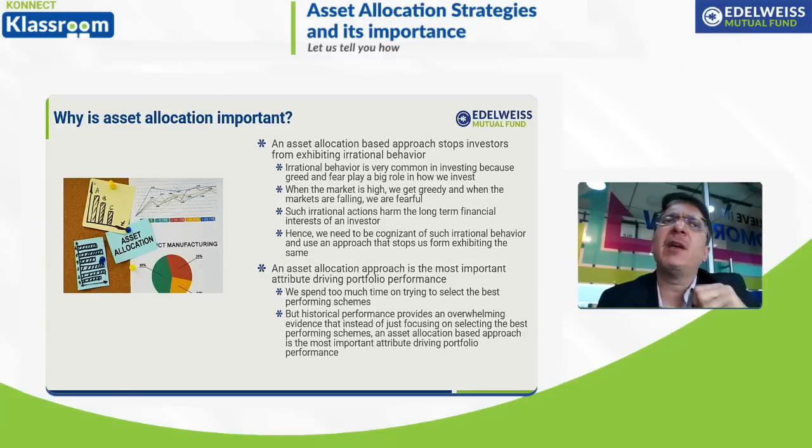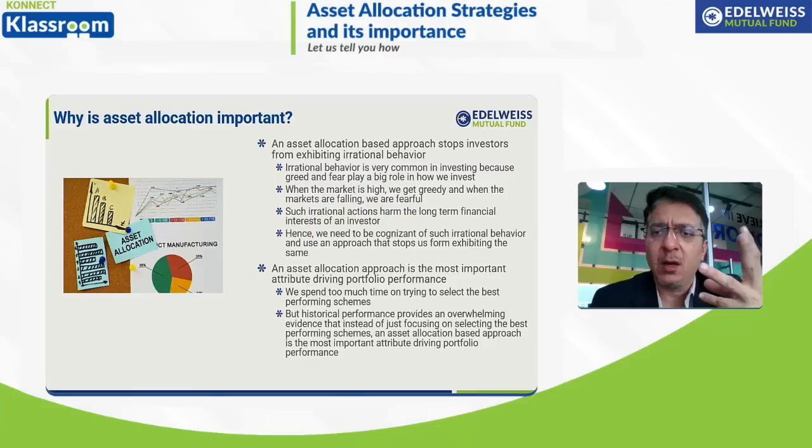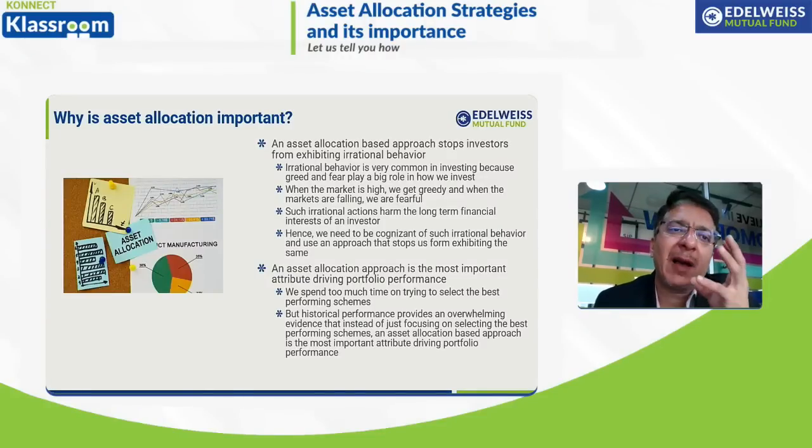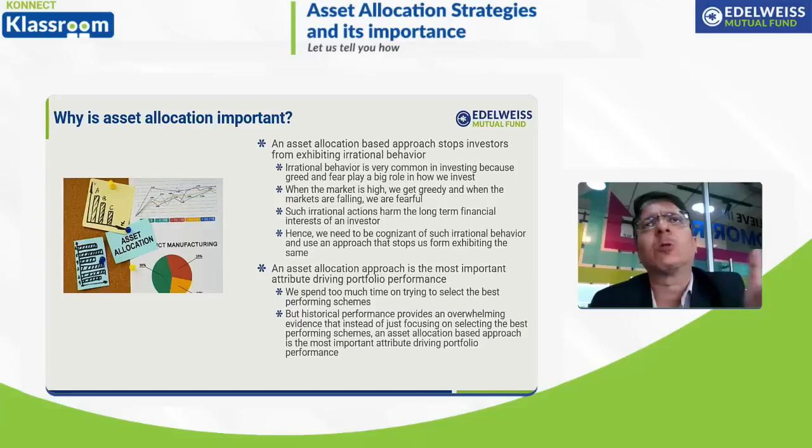The markets are falling, I may not be as fearful as others because I've thought about something, right? So these irrational behaviors, which somewhere will definitely harm me in terms of my investment journey, are not exhibited by those people who created an asset allocation primarily because they thought through various scenarios.